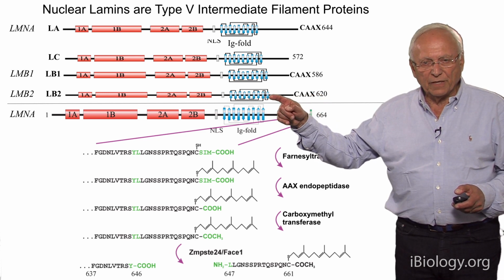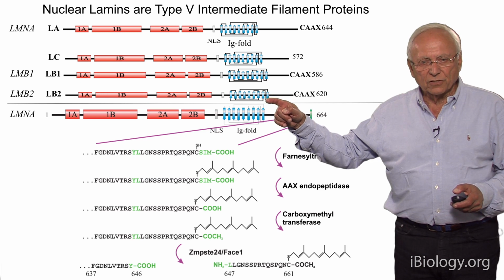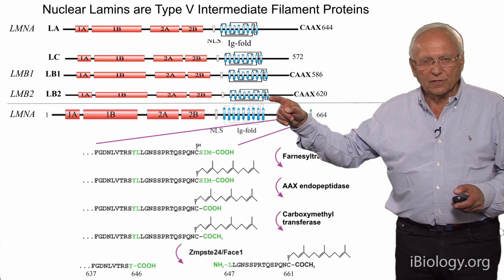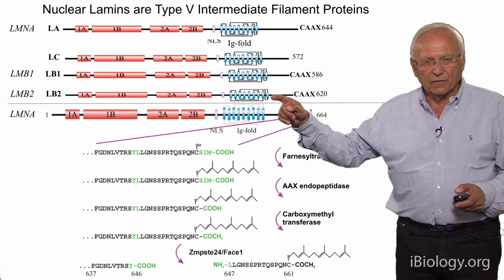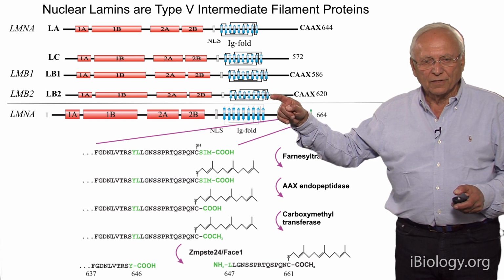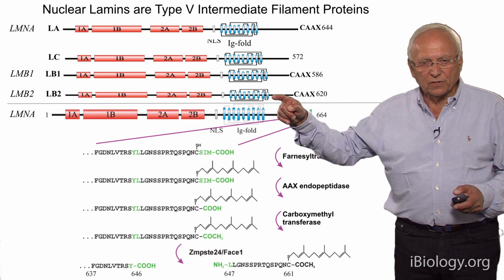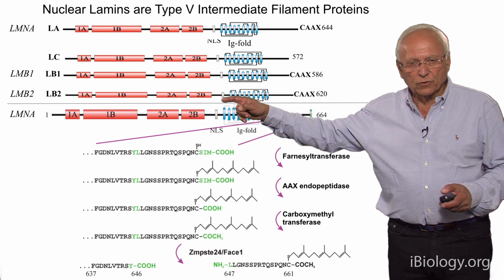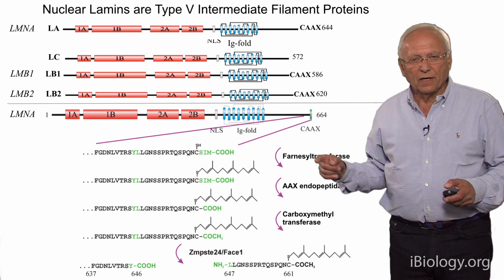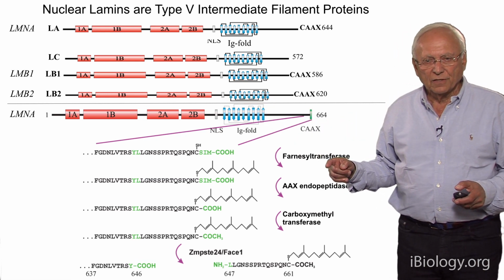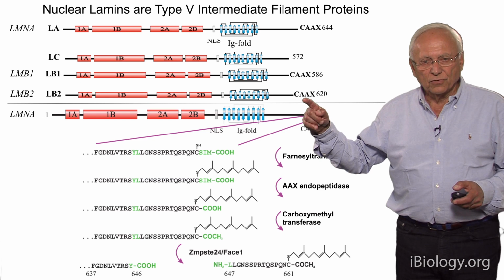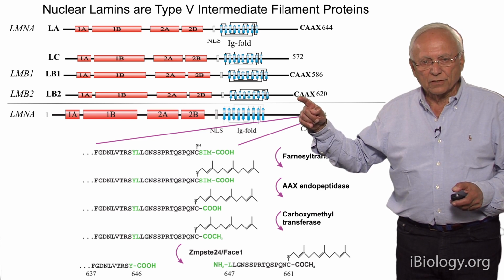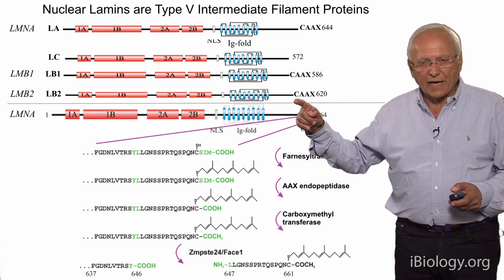Before I do, I just want to mention that there are, in addition to the central rod domain, which is slightly longer than the rod domains of proteins like the vimentin cytoskeletal protein, an IG fold motif and also a nuclear localization signal in the C-terminus of the protein, in addition to a very C-terminal CAAX box.